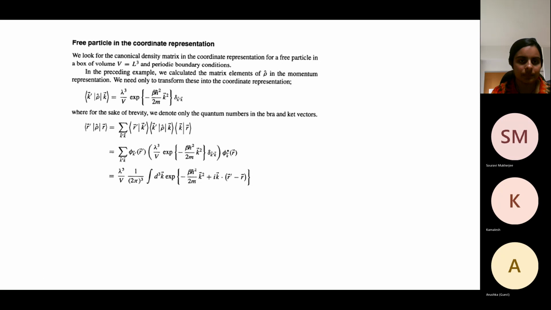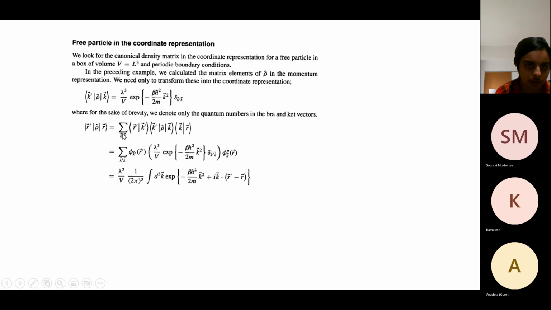So this is the density matrix elements in the momentum representation. And what you have to find is this, that is, in the coordinate representation. So you do this summation. Here you have used the completeness relation.